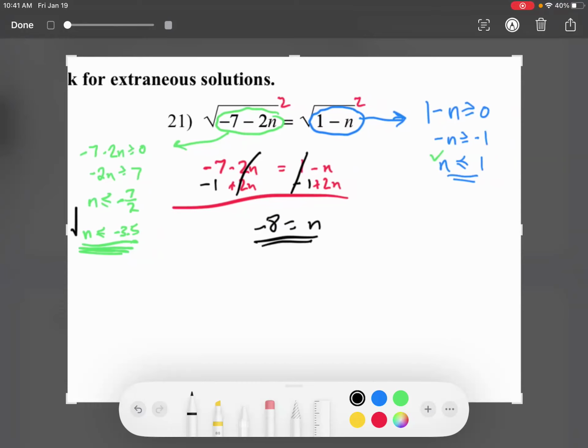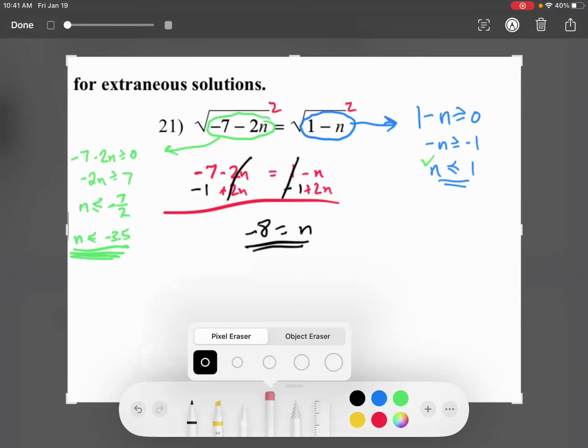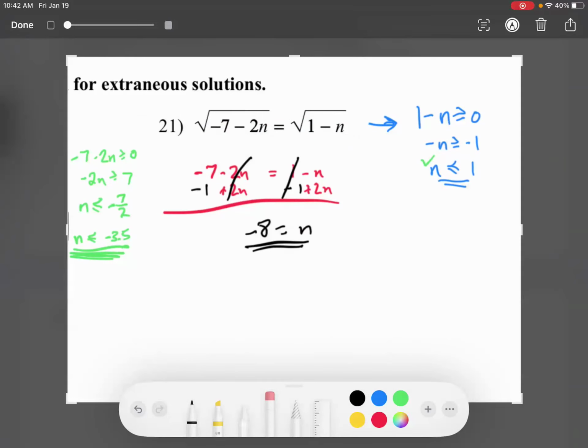So my only job is to make sure that if I plug it into those equations, it's actually going to work. So let's plug in -8 here and -8 here.